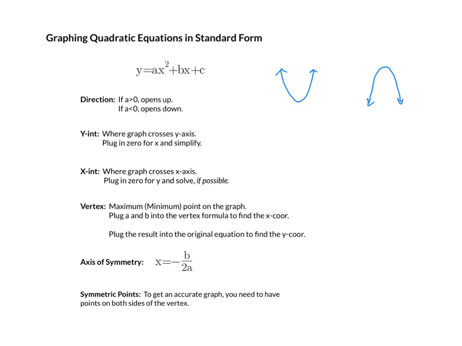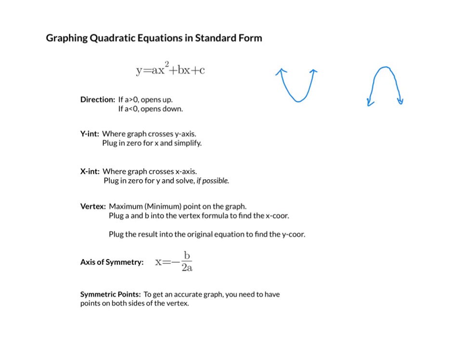Okay, some other things that we have. We have y-intercept. Recall when we talked about linear equations, the y-intercept is where the graph crosses the y-axis. In order to find the y-intercept, we want to plug in 0 for x and simplify. We also have x-intercepts. This is where the graph crosses the x-axis.